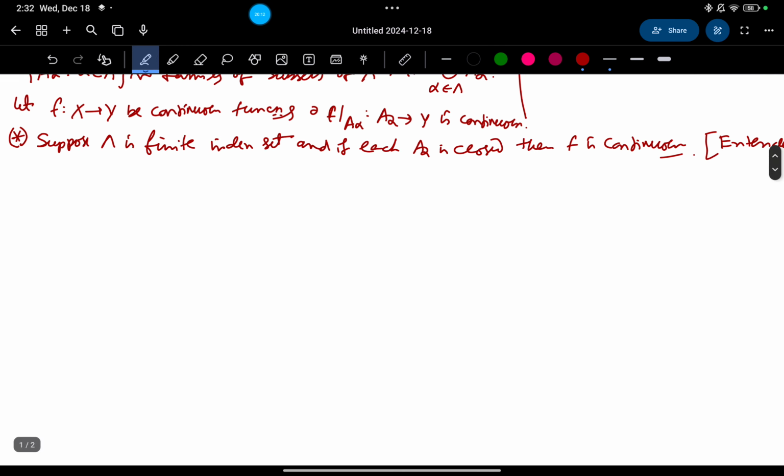So suppose Gamma is alpha 1, alpha 2, up to alpha n.